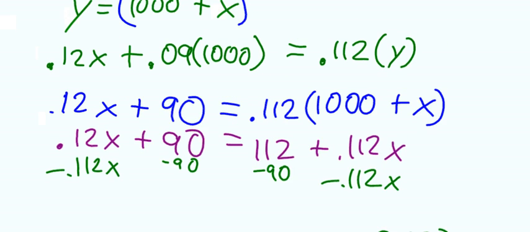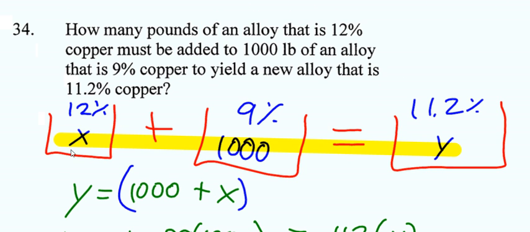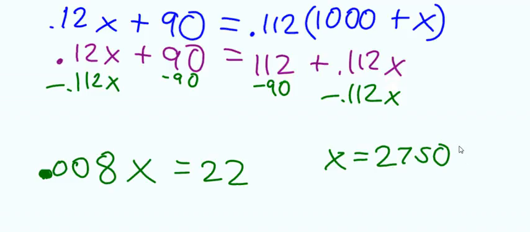And that was X. I think that's what the question asked for. How many pounds of the 12%? So that was X. We solved for X. This is how many pounds? 2,750 pounds of the 12% copper.